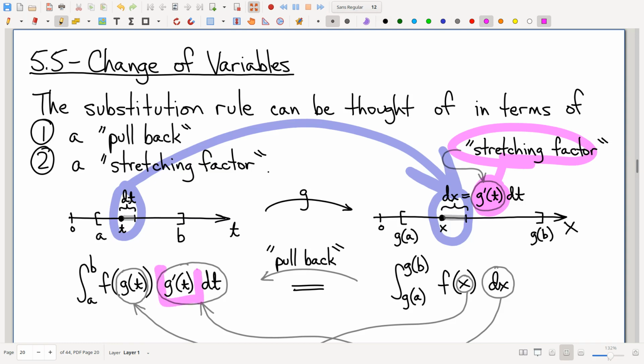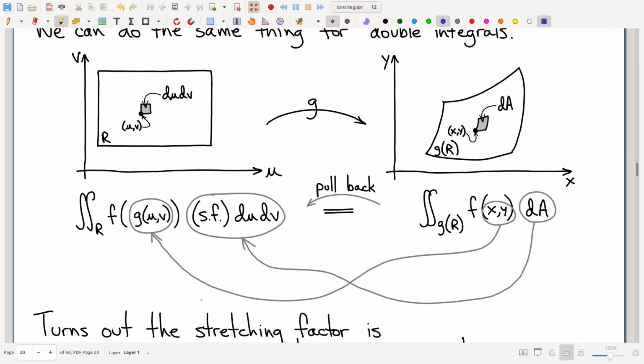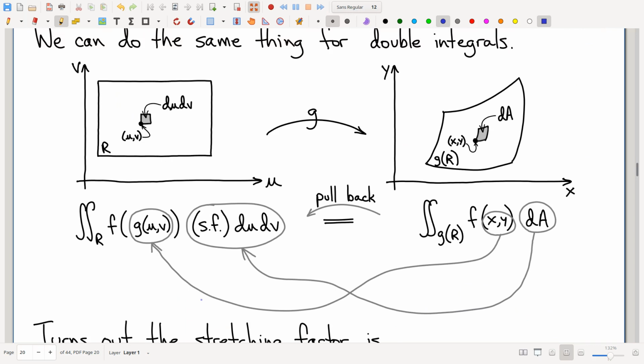And that has to be inserted as well so that we can make sense out of dx in terms of dt. All right, so those are the big ideas, and as we discussed last time, what we're going to do here now in the multivariable setting is just try to kind of rip off those ideas. Same thing. Different details, of course. We'll have to figure out how those details work, but big picture, it's the same idea.